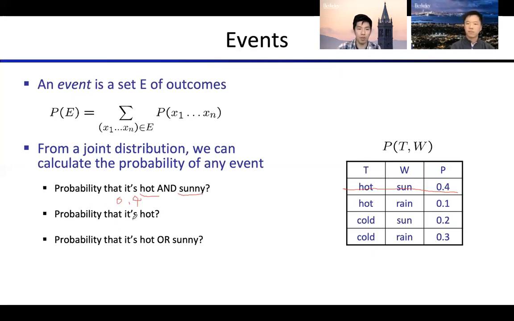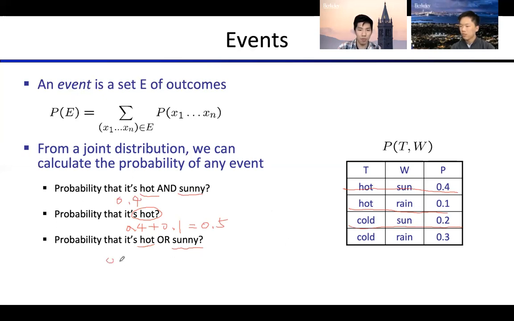If the event is just hot, there are actually 2 rows that satisfy this event, which means we would add up 0.4 and 0.1, and the probability of that event would be 0.5. And last but not least, if it is hot or sunny, we could pick these two rows along with the third row because it is sunny.